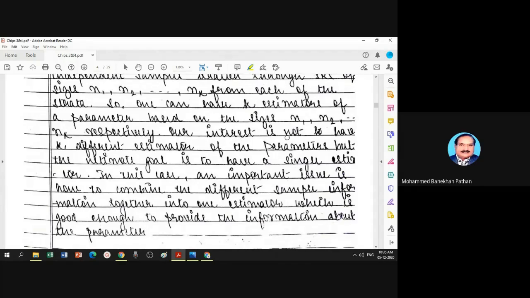Our interest is not to have K different estimates of the parameters, but the ultimate goal is to have a single estimator. You can study only n1 and get an estimate of the population, but that will not be better for capital N, it will be better for capital N1.